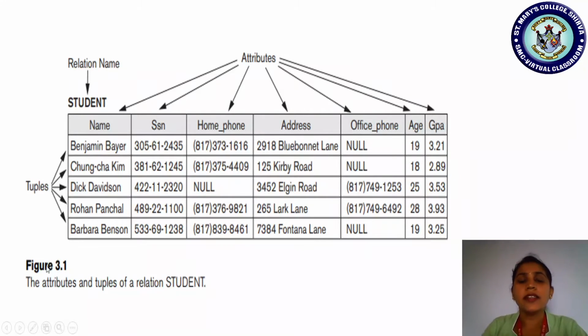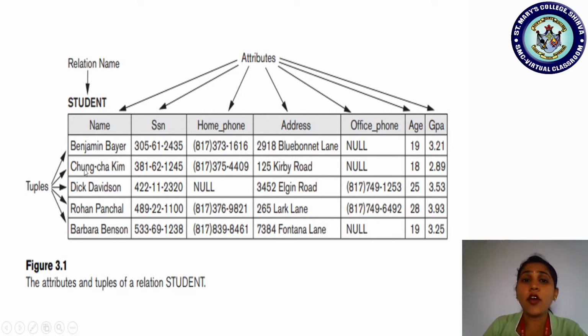They say that select is going to choose a subset of tuples in a relation. What do you mean by subset? For example, the set of records here, how many? 5. A subset of records means among the 5, the first record of the student relation may be a subset.